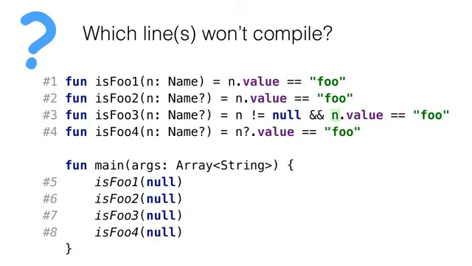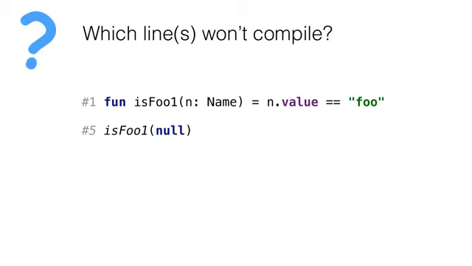The question for you to get used to these nullable types: which lines won't compile in this case? Which lines will produce an error? Let's do it one by one.